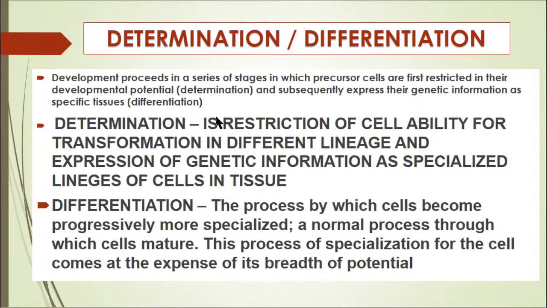In the previous lectures about embryology, we wrote that development proceeds in a series of stages in which precursor cells are first restricted in their developmental potential, determination, and subsequently express their genetic information as a specific tissue, differentiation.